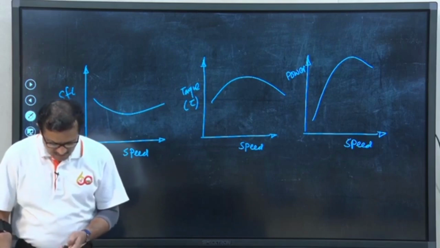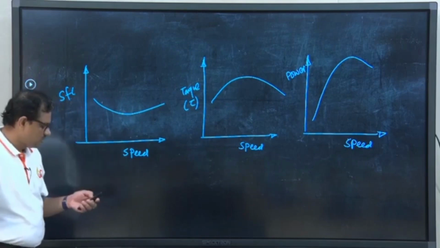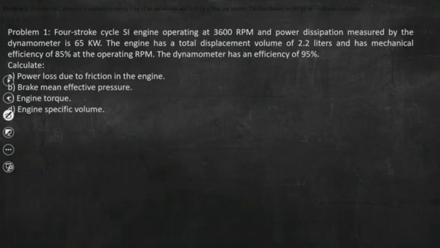So, now today let us solve one numerical problem, which will give us confidence to solve several other problems. So, the problem statement is: a 4-stroke cycle SI engine operating at 3600 rpm and power dissipation measured by the dynamometer is 65 kilowatt. The engine has a total displacement volume of 2.2 liters and has mechanical efficiency of 85% at the operating rpm.